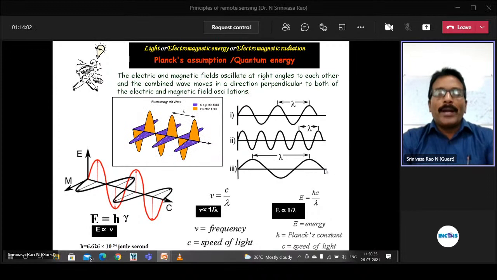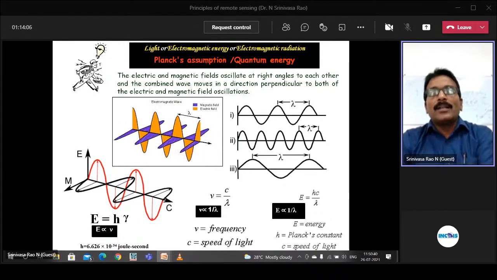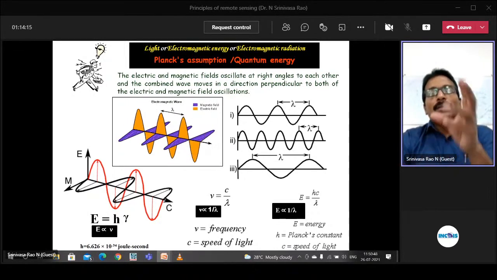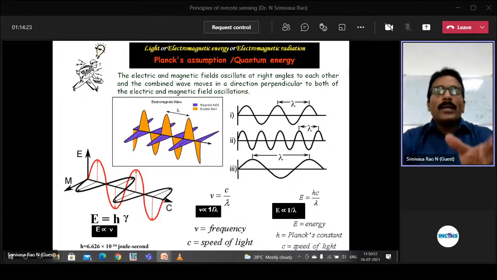For example, at this point within 1 second, 10 waves cross. That frequency is 10. Units are hertz. Within 1 second, 100 waves cross, 100 hertz. 200 waves cross, the frequency is 200. That means within 1 second of time, how many waves cross that particular point.